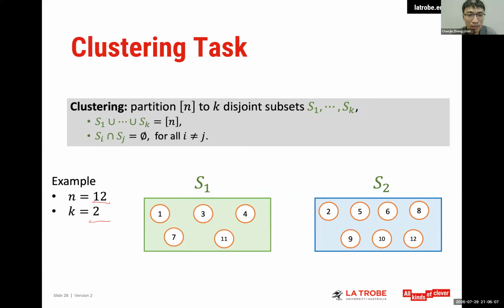S1 includes 1, 3, 4, 7, 11, 5 points. And S2 includes 2, 5, 6, 8, 9, 10, 12, these 7 data points.